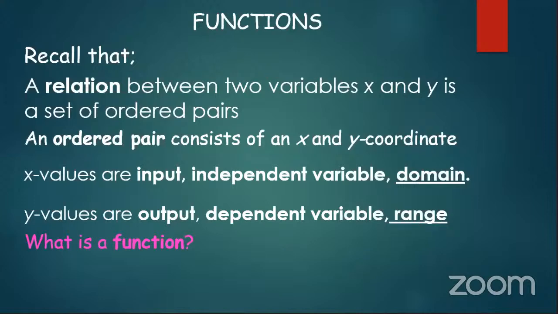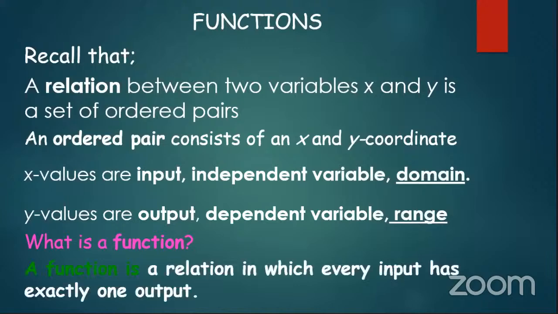A function is a relation in which every input has exactly one output. So we expect that each input is going to generate for us one and one. If one input generates more than one, then that one is not regarded as a function, much as it can work as a relation.